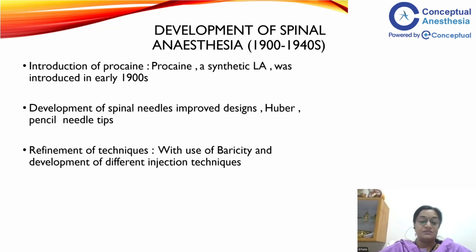Refinement of techniques with the use of baricity, the development of different injection techniques, and MRI studies showing us the spinal cord at various levels, which allowed us to redefine newer techniques. Even that we will eventually understand.